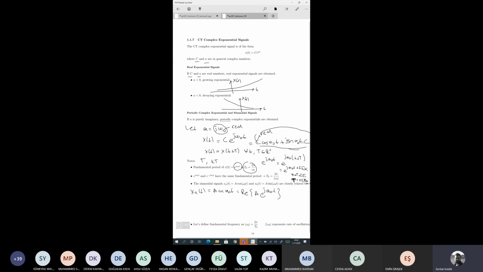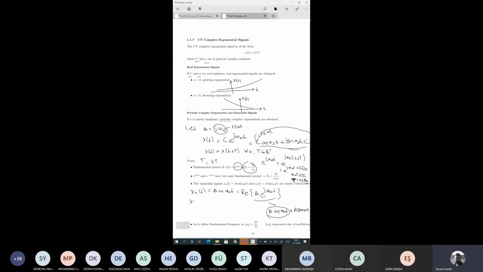That's simple. A times e to the power j omega 0 t is a times cosine omega 0 t plus a times j sine omega 0 t if you use Euler's relationship. So the real part is this one. So this is my xa of t.